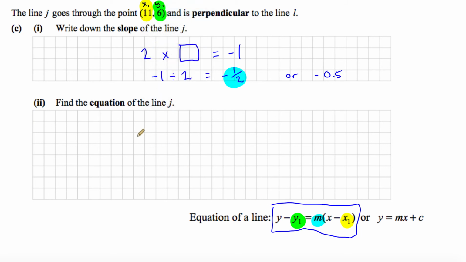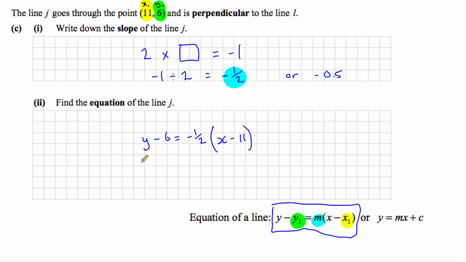So the equation of the line will be y - y1, which is 6, is equal to minus a half, bracket x - x1, which is 11. So just substituting those values in here. And then I'm just going to tidy this up a bit. So I'm going to multiply across by 2 to get rid of the fractions.